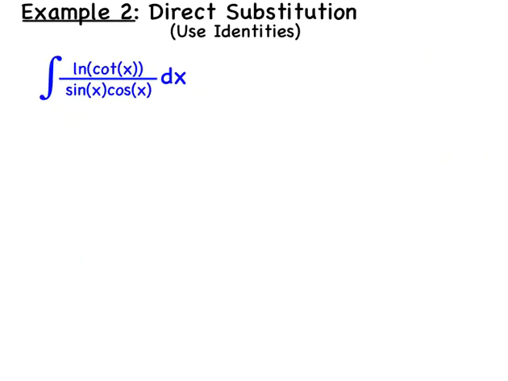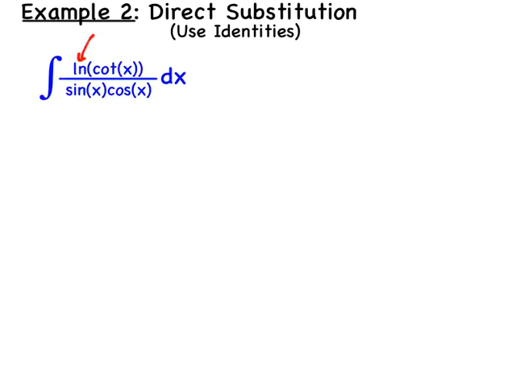So we'll look at this again in example 2, and typically we would choose the denominator function, but we see the natural log is up in the numerator, and we just had success on example problem number 1 by choosing the natural log function from the numerator. So we're going to do that again. I'm going to have a hunch here.